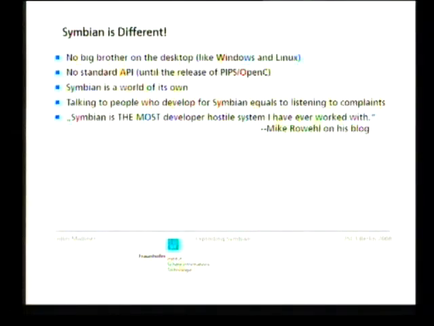So when you start working with Symbian, you will notice Symbian is really different. There's no Big Brother OS like Windows or Linux where you can play with it and get used to it before you actually play with your phone. You don't have a standard API.